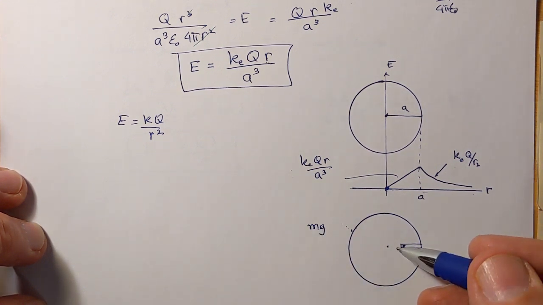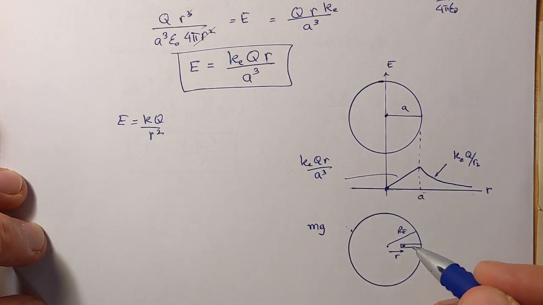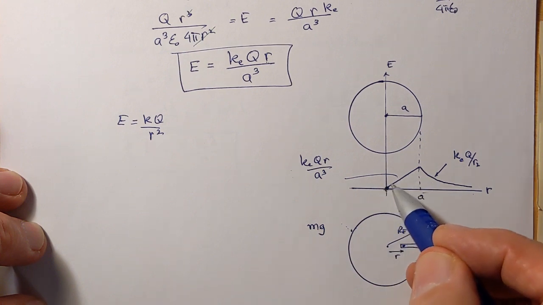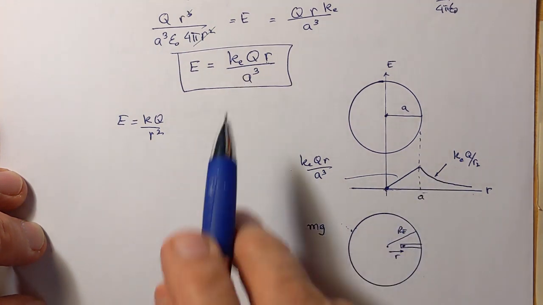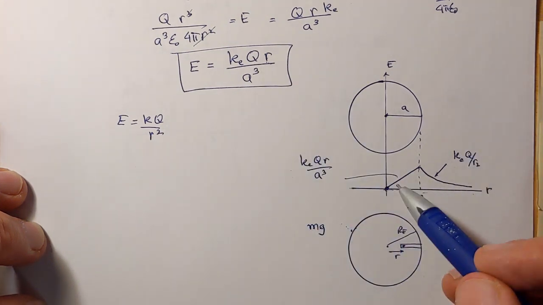But what happens as you go inside? If this distance is r and the radius of the Earth is re, then as we go inside the weight will become smaller because the gravitational force gets smaller, and it follows exactly the same kind of equation that we have over here. Well, this is for charge, but it's a similar equation.